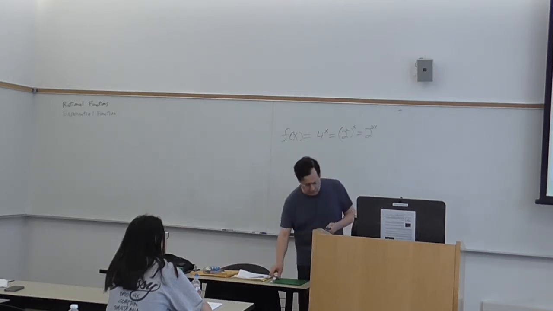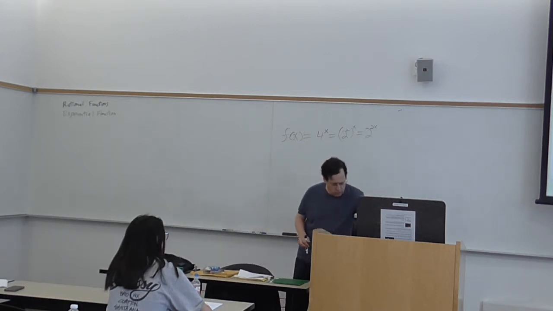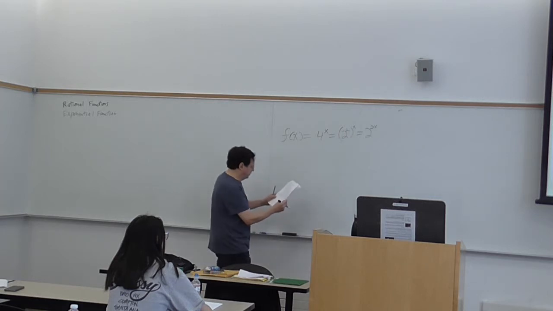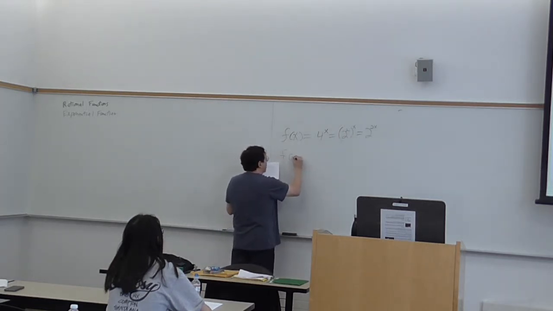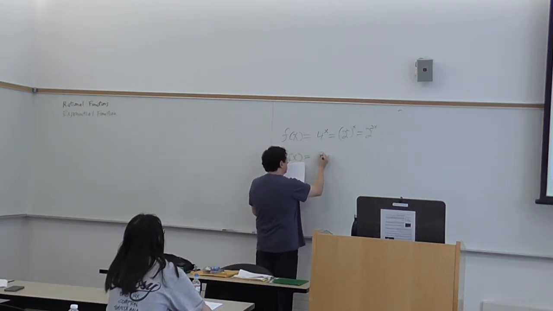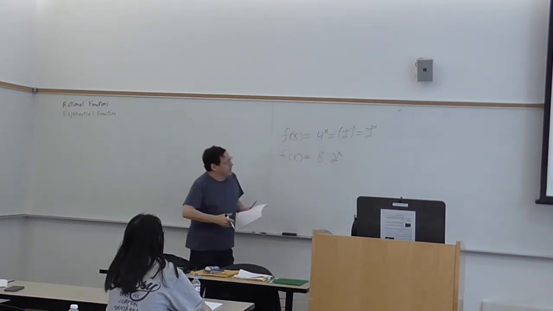Since we're looking at transformations, here's a question. What would multiplying an exponential function times a value do? So 8 times 2 to the x we'll look at.